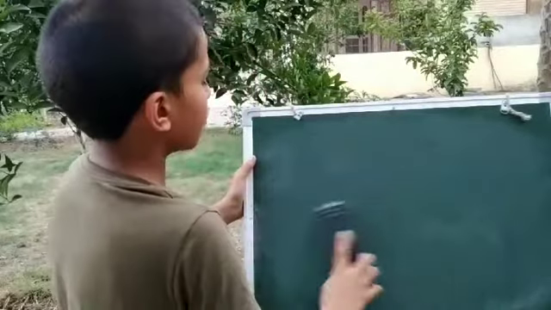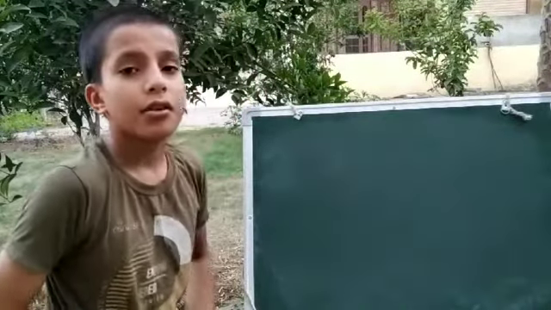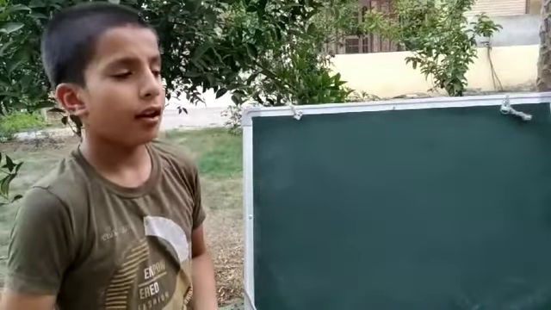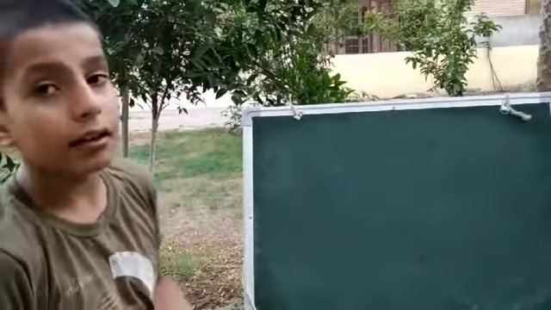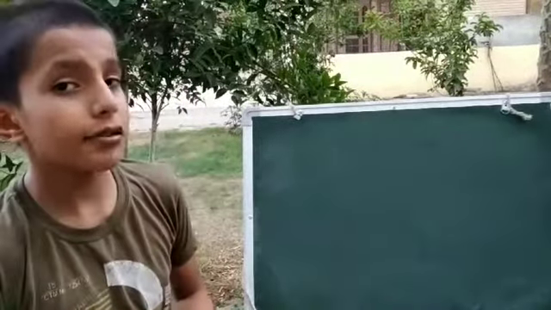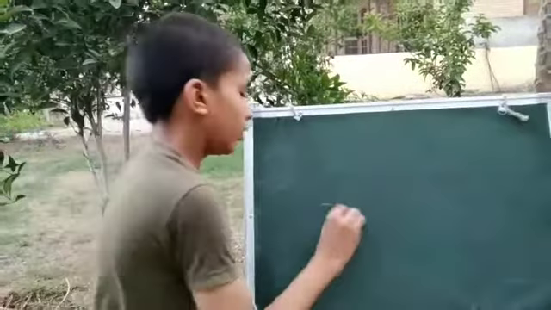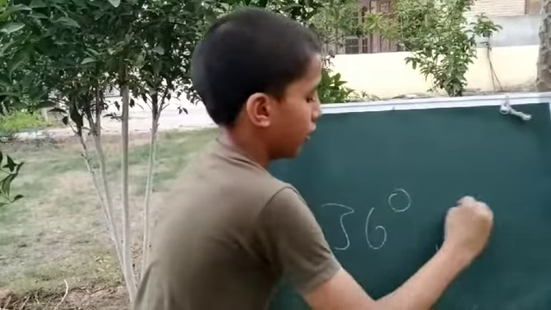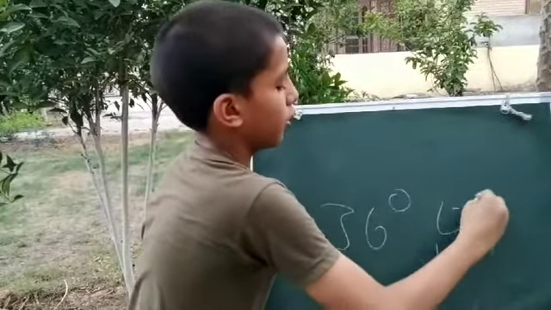So let's go to the angles. What is the meaning of angle? We know that angles are measured in degrees, like 36 degree, 44, 43 degree.